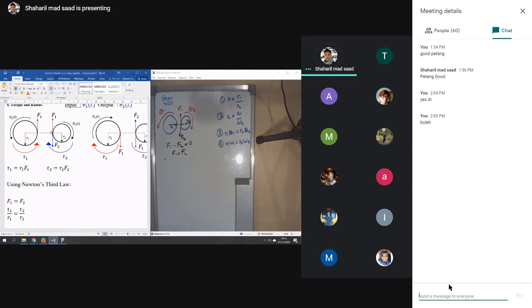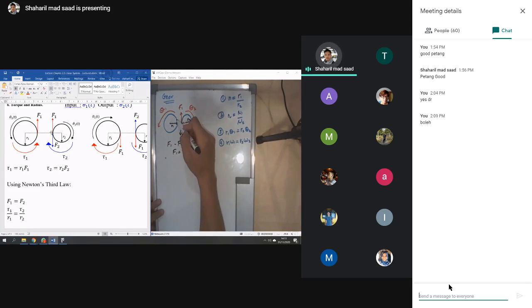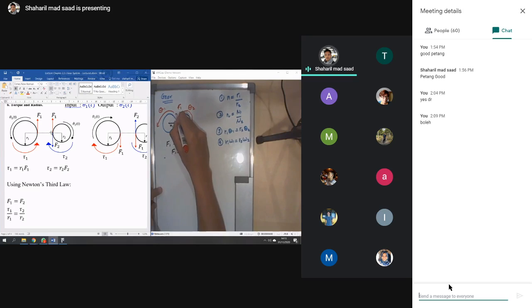Okay. And then another one is when you have the F1, right. Gear 1 also has F1 here, and F1 here applies to gear 2. So this one will give you the torque. We call it torque, tau 1.